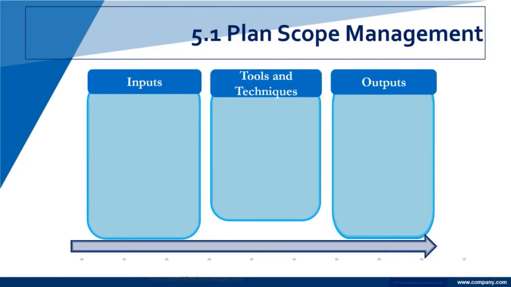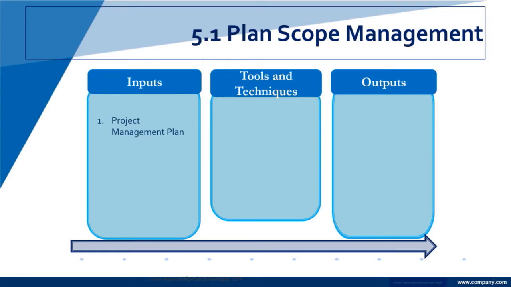So planning scope management. Again, this will be part of the overall project management plan, but we plan scope management looking at it differently. Each of the knowledge areas has a slightly different focus, and so we do that.